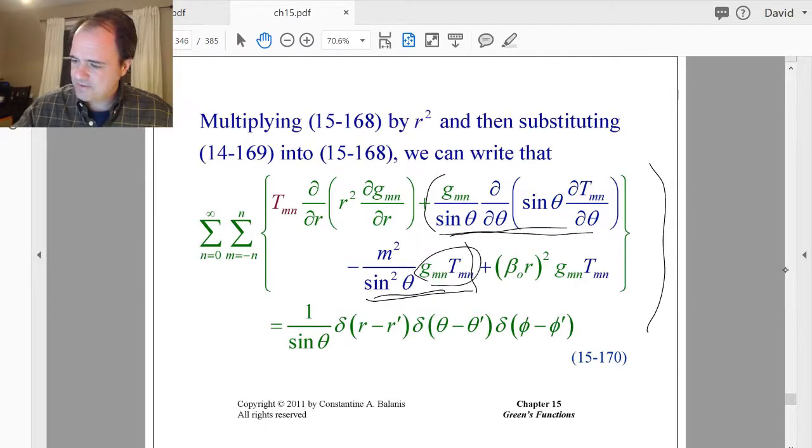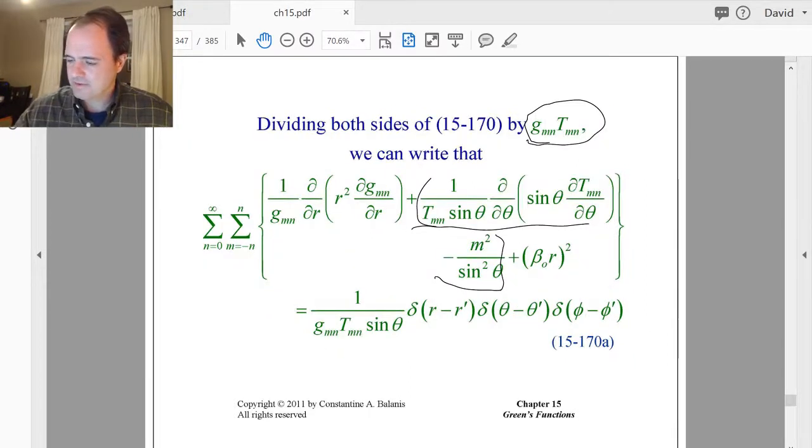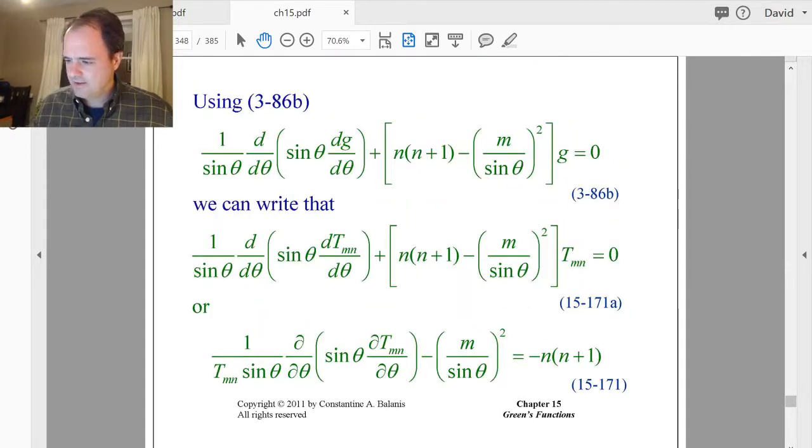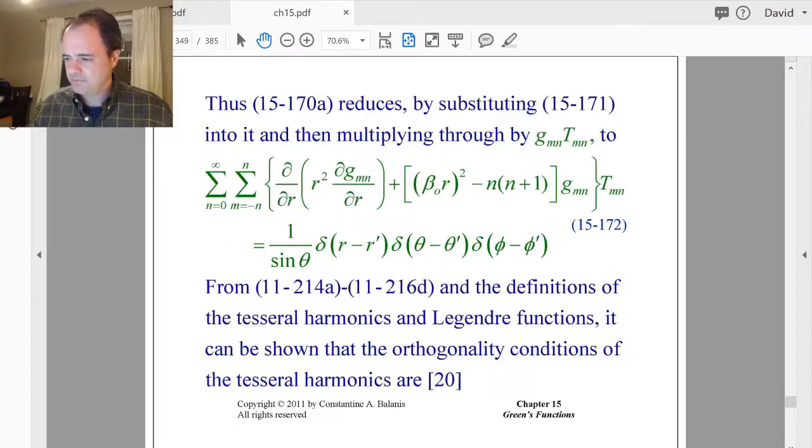So if you take this thing all the way out and put it out in front, you still get something that looks like this, but you get the G_mn, T_mn right in front, and then that's changed and that changed, because what they want to do now is to be able to say those two terms equal this right here, this minus n plus 1, so that we can replace that more complicated two-term thing with one and express this like this.